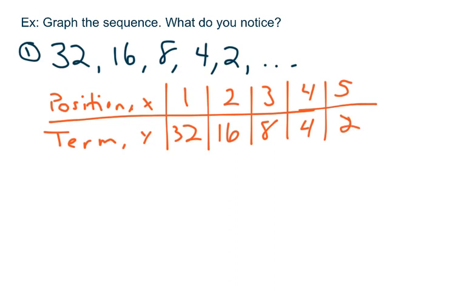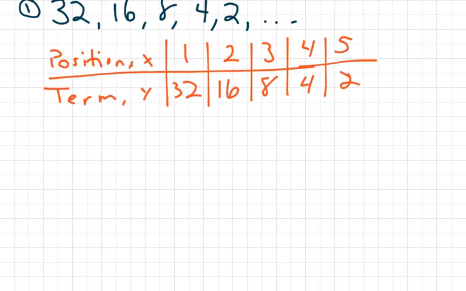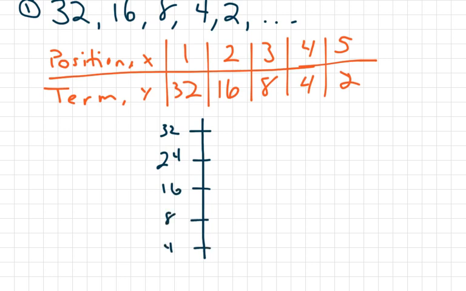All right, let me bring in some graph paper here. Let's graph this. Now I'm going to set my y-axis by 8s. So this is 32, and then 24, 16, 8, 4, and 0 is down here.